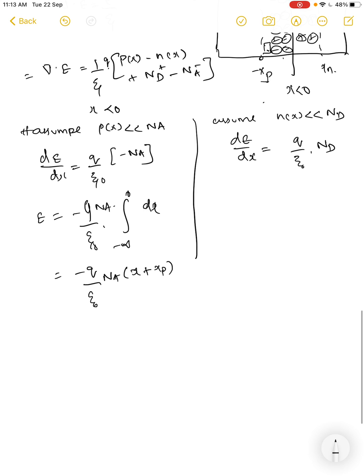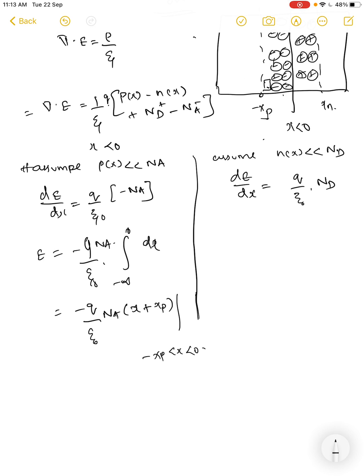The same kind of expression. Basically this is valid only for minus xp lesser than x lesser than 0. On the right hand side, we know that the electric field for x greater than xn is 0, so the electric field will have the form q by epsilon naught Nd times (x minus xn).